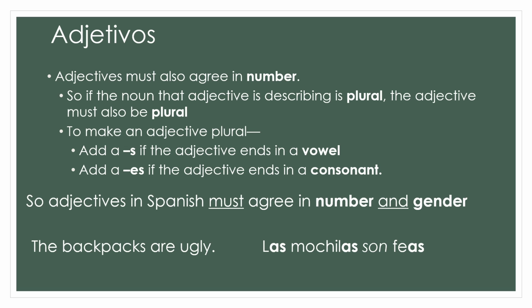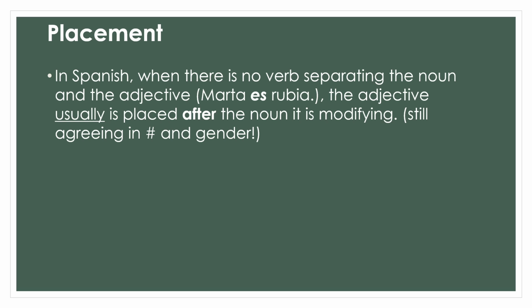Okay? All right, another thing that's a little different in Spanish than what we do in English. This is why sometimes you hear Spanish is backwards from English, because of the placement of most adjectives. In Spanish, when there's no verb separating the noun and the adjective, like there is in this little sentence, Marta es rubia, es is your verb. When that doesn't exist, your adjective is usually placed after the noun it is modifying.